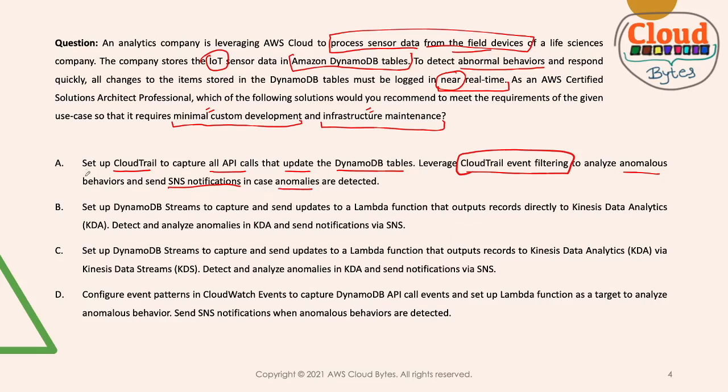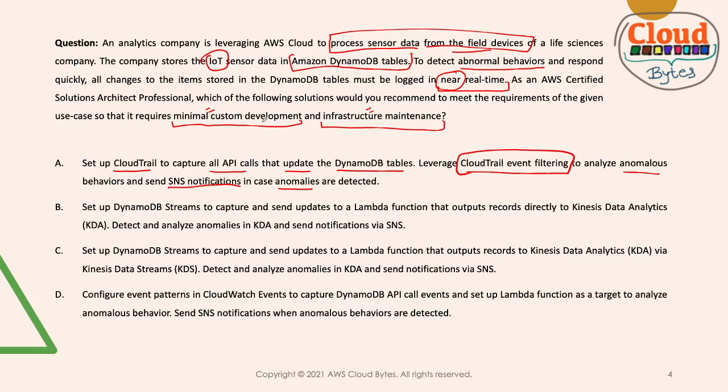So looking at this option, first of all, you can use CloudTrail to capture API calls for DynamoDB as events. The calls captured include basically the calls going through the console or using an SDK, or an API call if you're making it using any other application that you've built using an SDK.